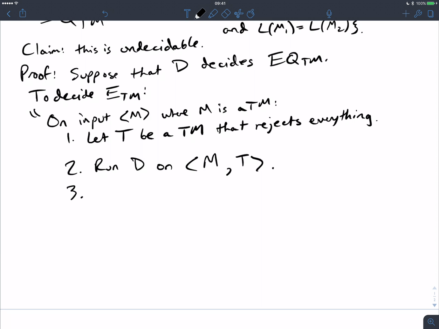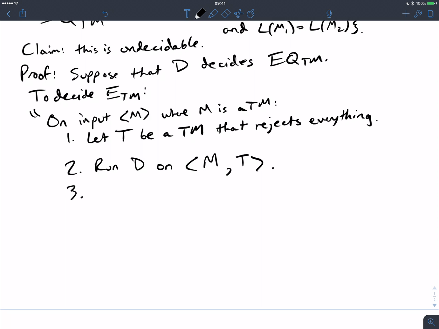So the way we did it here is, of course there are other ways you can do it, but the way we did it is, if it does have empty language, then I want D to say yes. If it has non-empty language, I want D to say no, they don't have the same language. And the only way that the second machine could work so that those answers are correct is if it has empty language.